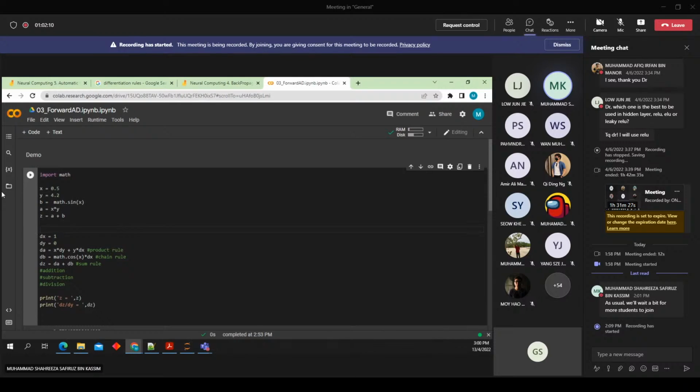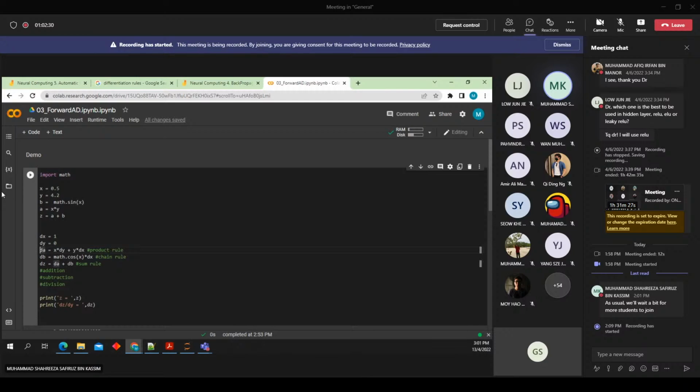So your differentiation must also follow the same order. Dx must be evaluated, then dy, and then the a, although x and y here are independent; only b, a, and z are downstream of the computation graph.